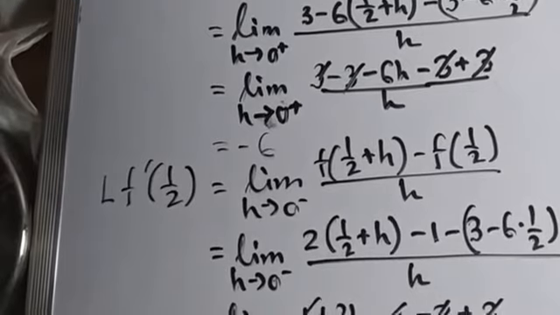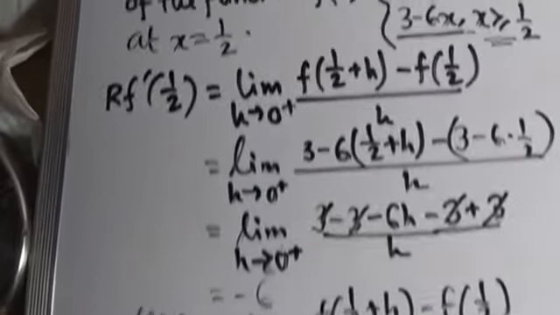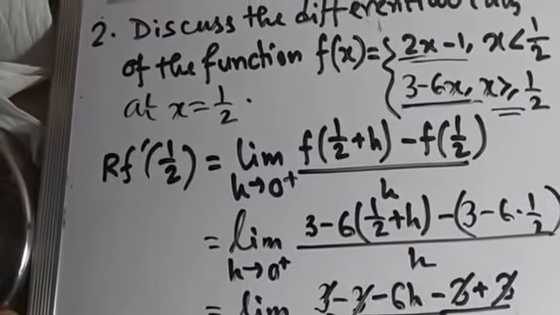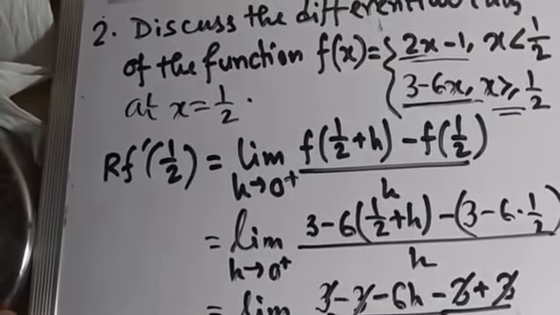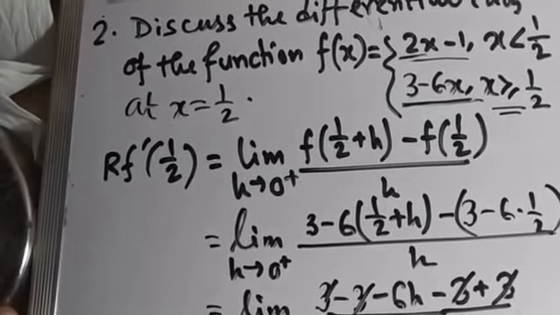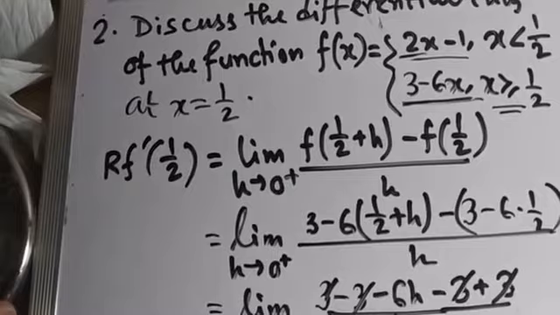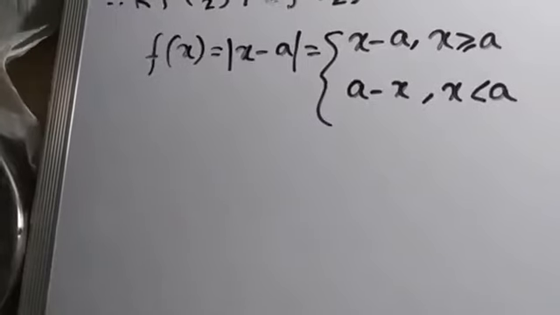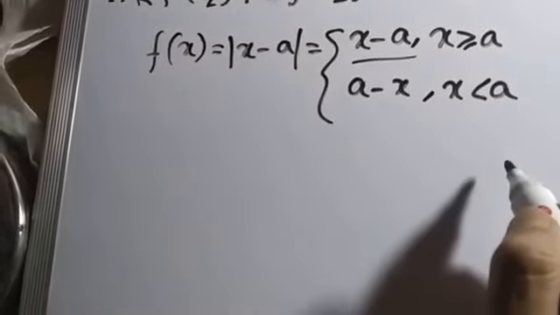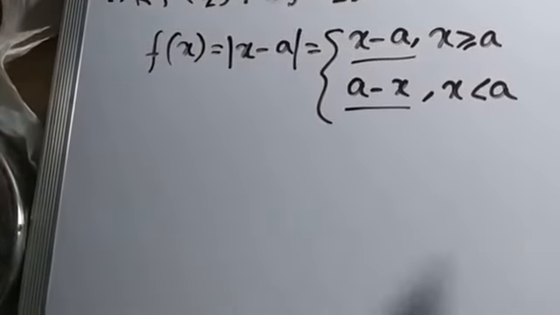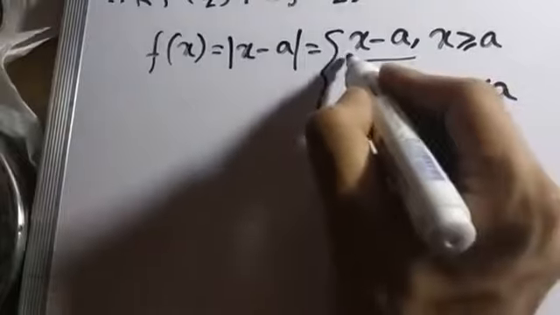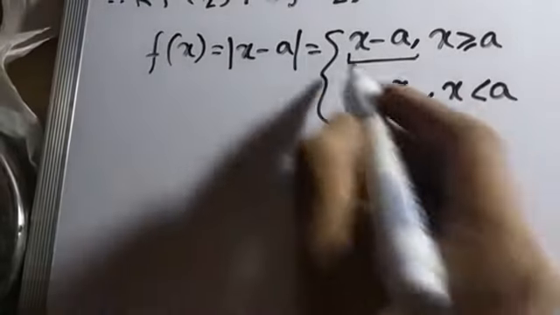So what we can say, that if the expressions are linear, then just by seeing the slope of the expressions, we can say whether it is differentiable or not. See, in the previous example also, let me write it. In this example also, this part is a linear expression, this part also is a linear expression. Now see, if you take this part as a line, then the slope is 1.